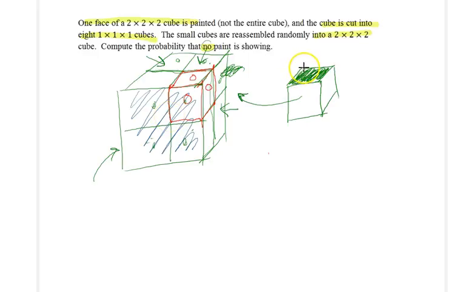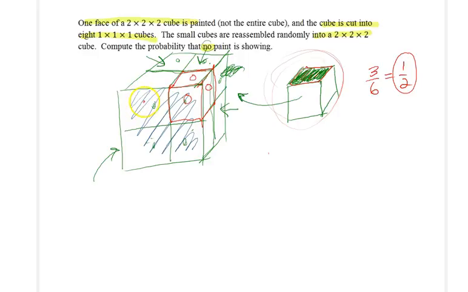So the chances that our painted face will hit one of those hidden places will be 3 out of 6, or you can say 1/2. So there's only a 1/2 chance that this cube will have no paint showing to the outside. But in a similar way, you can replicate this.